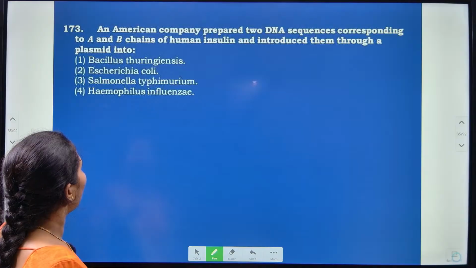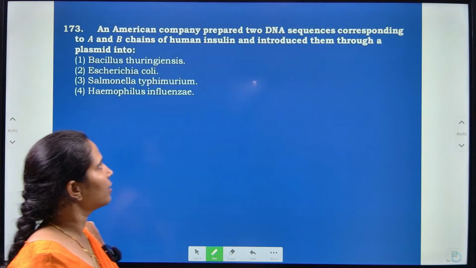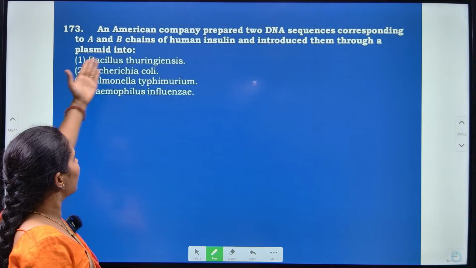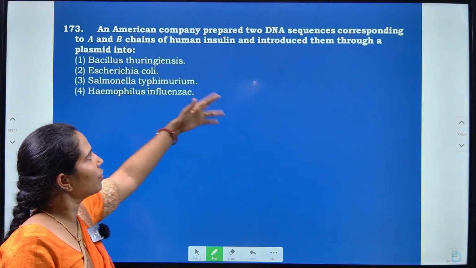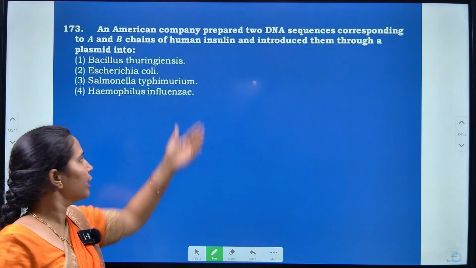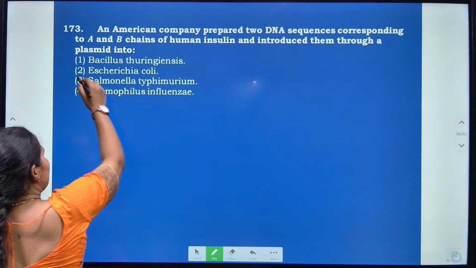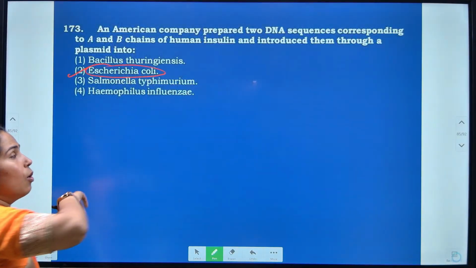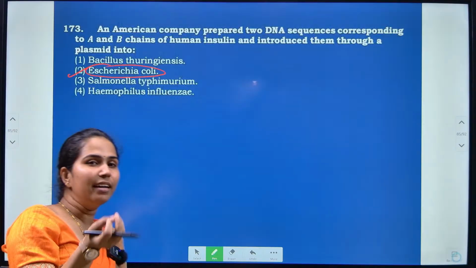Yes. An American company prepared the two DNA sequences corresponding to chain A and B of human insulin, and introduced them through a plasmid into a bacterium, called E. coli. Why is it considered an ideal organism?